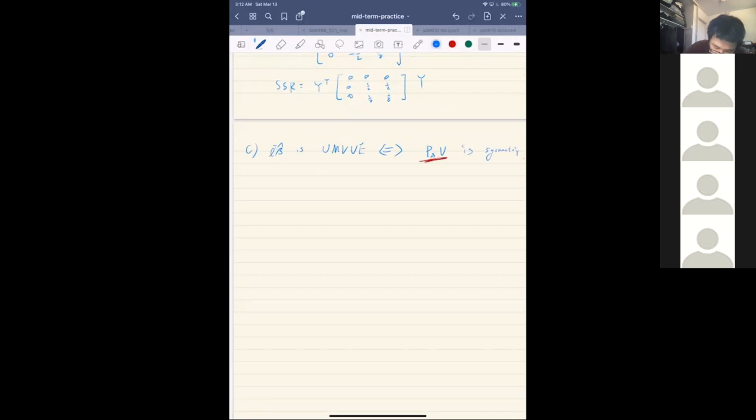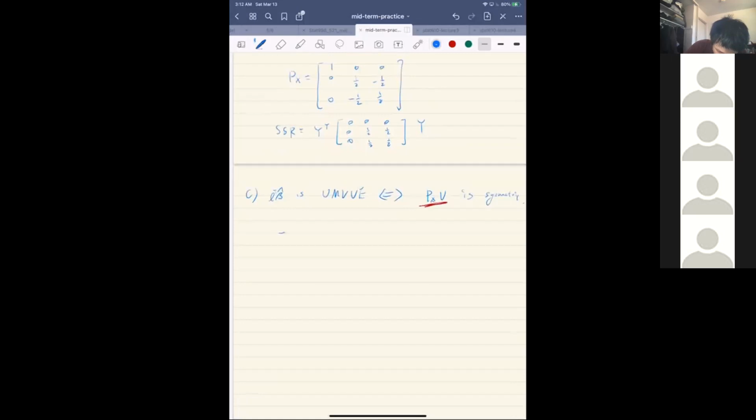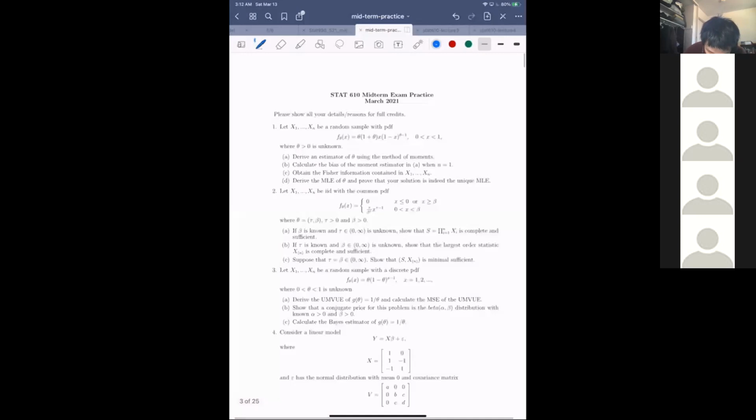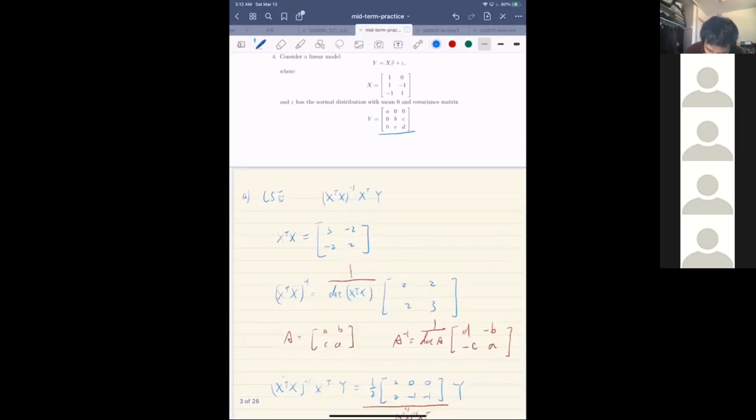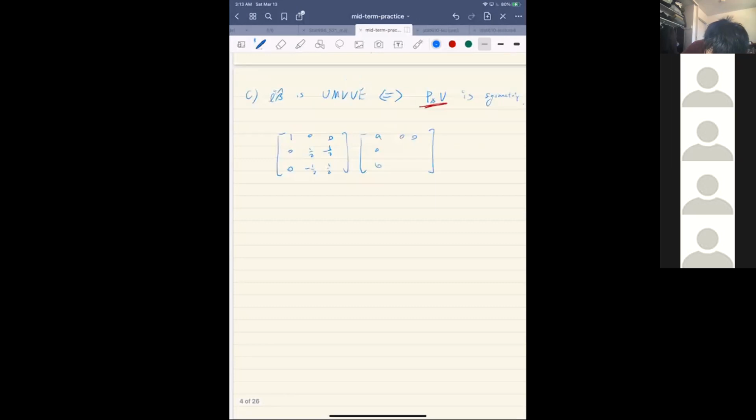So we know Px is equal to 1, 0, 0. So we put in various symmetry. So it should be A, B, D, C. Okay. So you can guess now the matrix will be this, A and these two are zero.